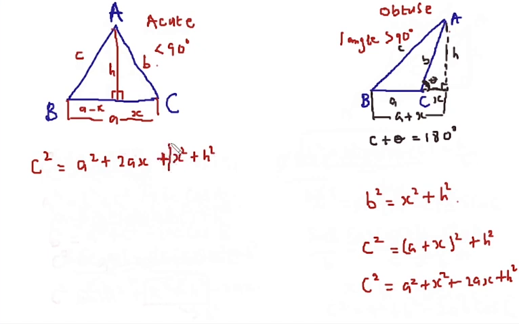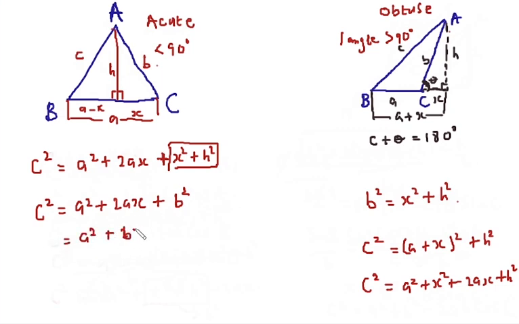Now remember, x squared plus h squared is b squared. So you can pull it inside here and say c squared is equal to a squared plus 2ax plus b squared, so that it looks like a squared plus b squared plus 2ax.